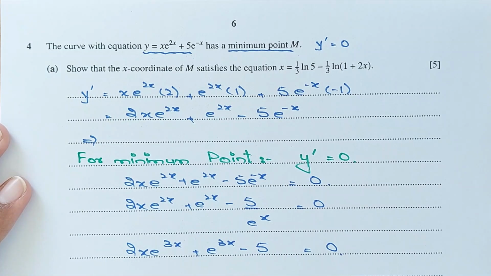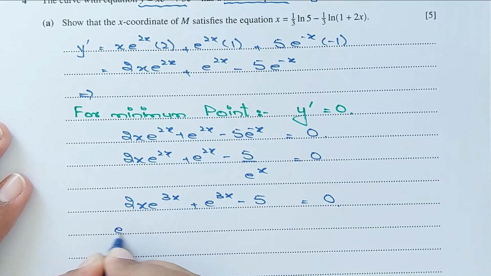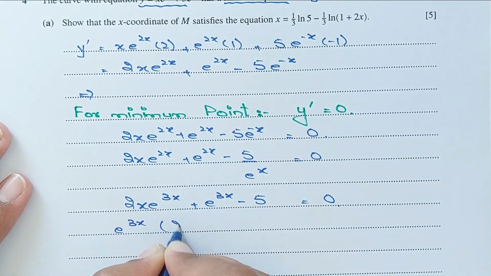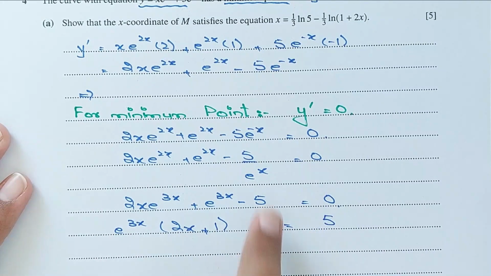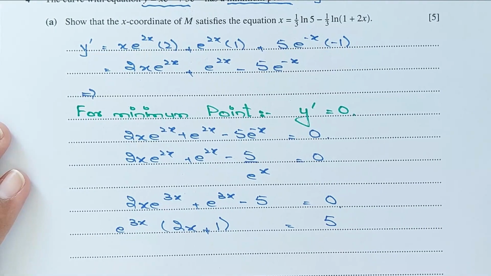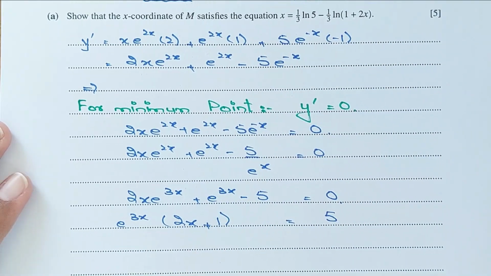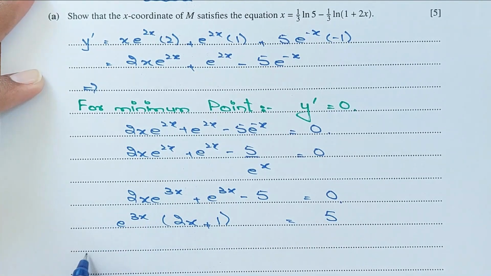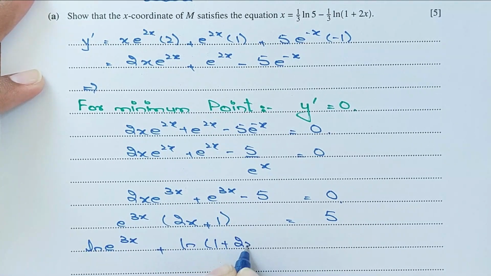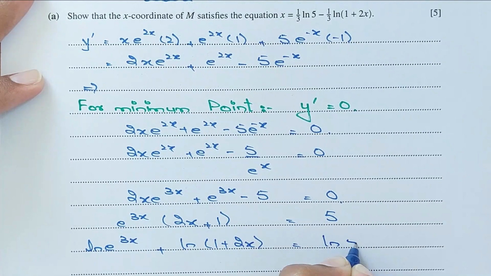Okay, now let me take e power 3x common. We are left with 2x plus 1, and shifting the 5 to the other side, it becomes positive 5. We have to make this form basically. Then let me take ln on both sides. Ln of e power 3x plus ln of 1 plus 2x equals ln 5.